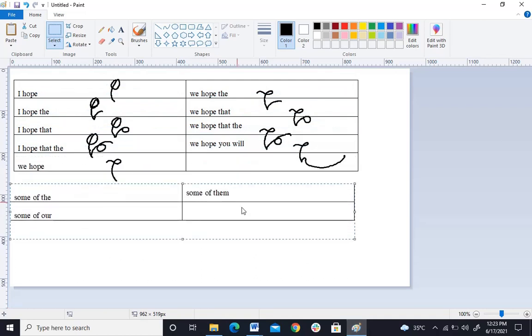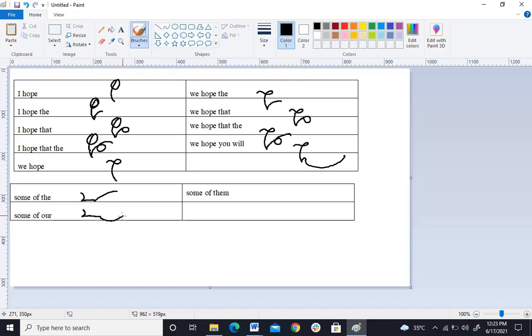Tulad ng "some of the". So, some of the, we have "some". Pero since this is a special phrase, mangyayari, "the" na lang. Some the. Some of our, we have "some of our". And then "some of them". We have "some them".